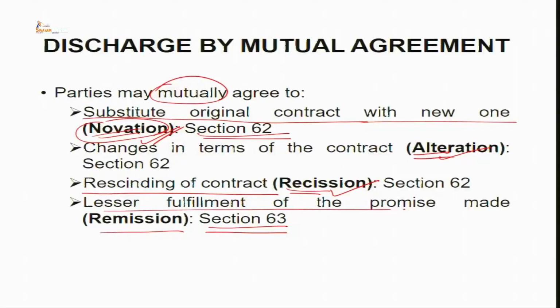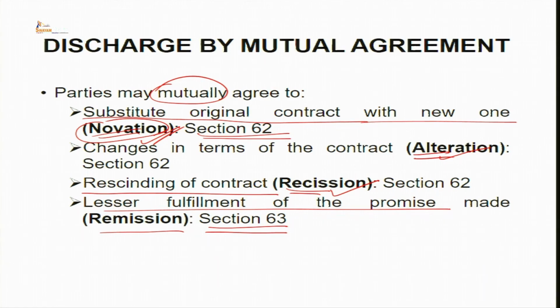Now remission means, as I said, lesser fulfillment of the promise made. So you accept that and say, okay, fine, give me 6 lakhs and that's okay. The obligation is fulfilled from your side, done, you have done your part.